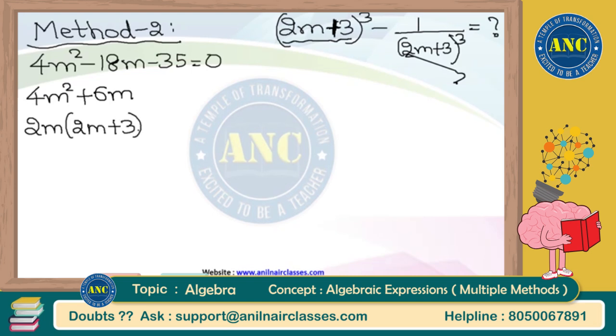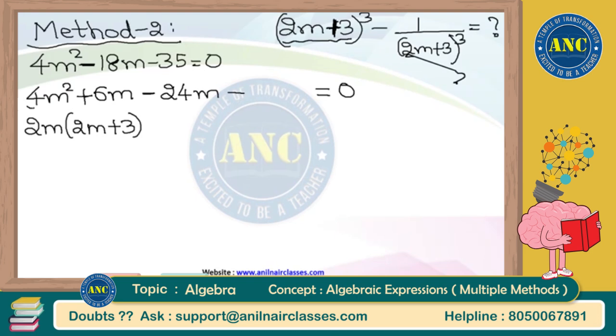That is my whole point of solving this question. Now I got 6m here, but I should get minus 18m. That means the remaining term is minus 24m, because minus 24 plus 6 is minus 18, and the other term is minus 35. That adjustment I will do within a minute, nothing to worry.